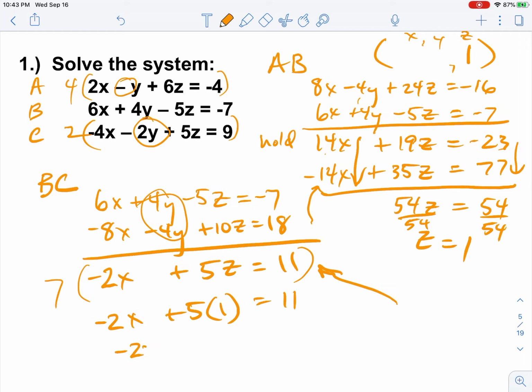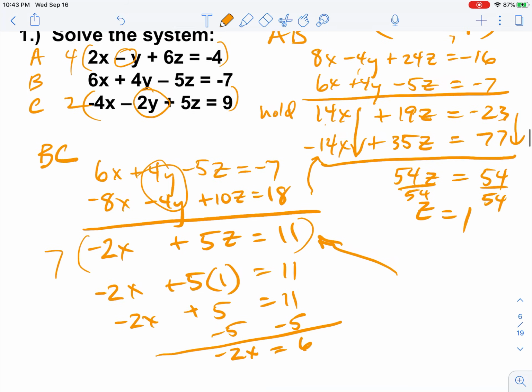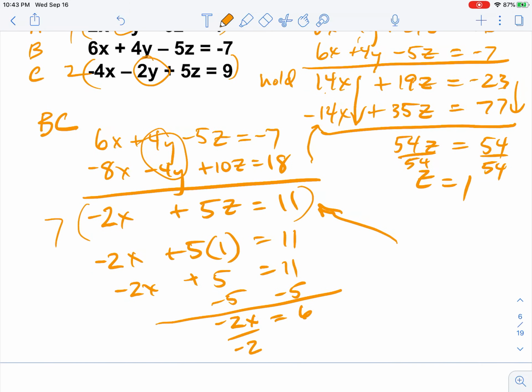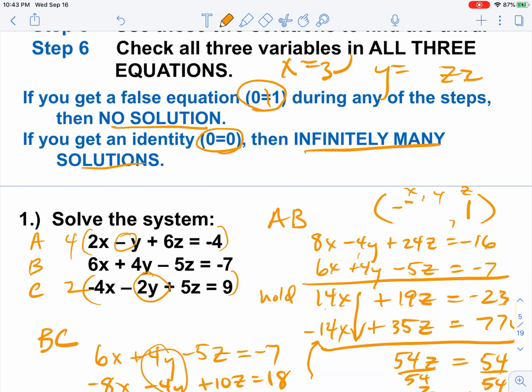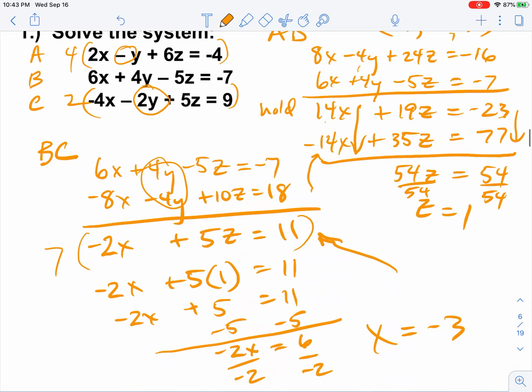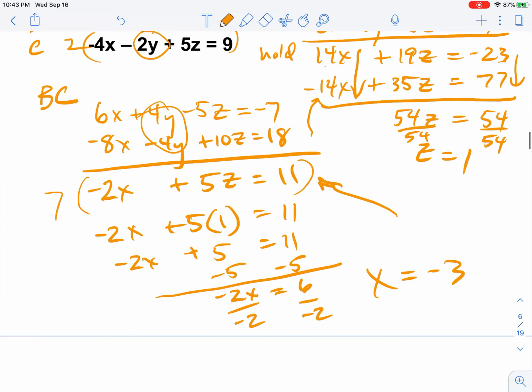That's equal to 11. So negative 2x plus 5 equals 11. I subtract 5 from both sides, end up with negative 2x equals 6. And so when I divide by negative 2, it looks like x equals negative 3. So right away, I can say my x value is negative 3.